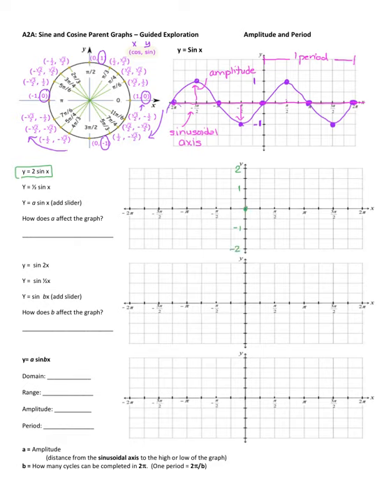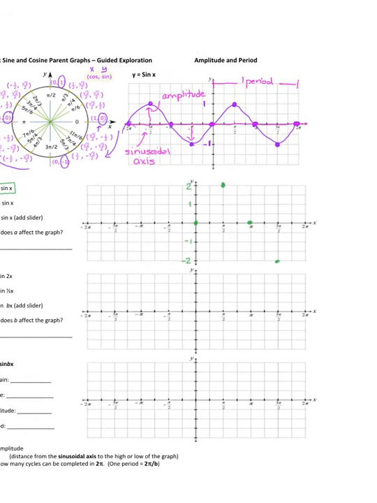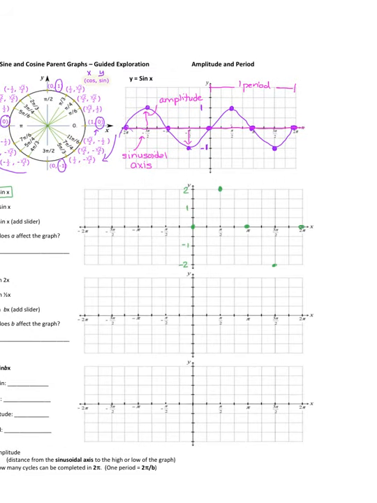It'll still be 0 here, but at pi over 2, instead of being at 1, it'll be here at 2. Then we come back to 0, then we go back to negative 2, and we come out to 2 pi, and the same thing, we come back.